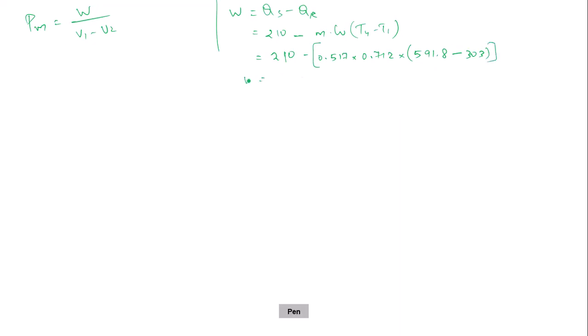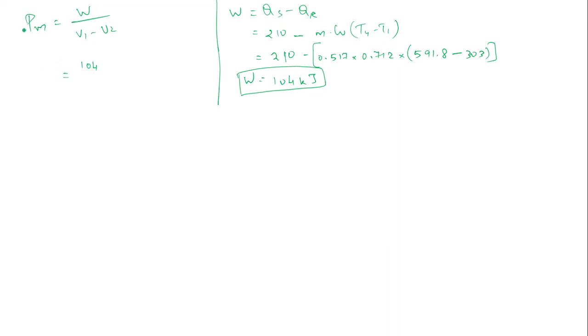I'll just go with the final answer. W is equal to 104 kilojoules, right? So using this simple method, you can estimate the amount of work done, or we can also go for the traditional equation. W, we have the long equation in terms of pressure, compression ratio, and other values, right? So here I have gone for the simplest version.